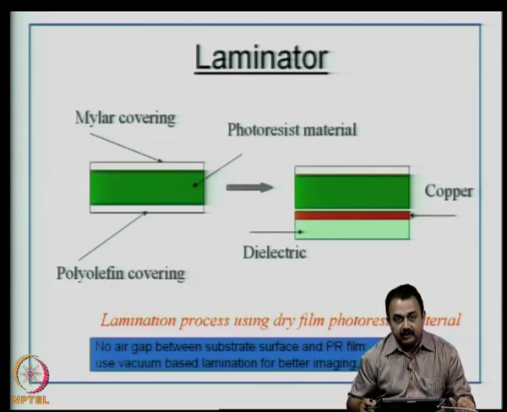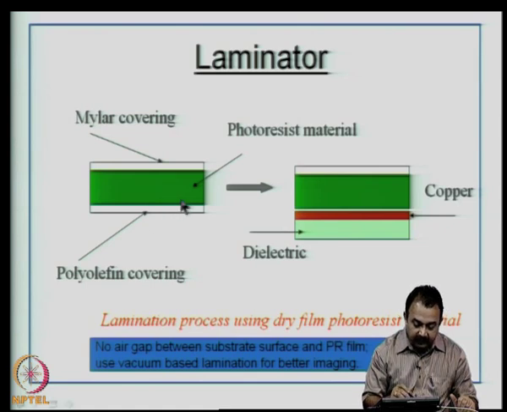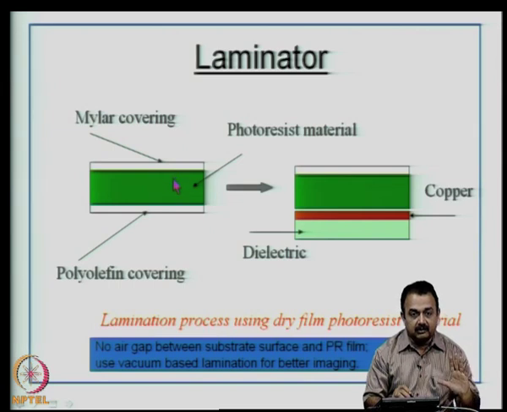So, how does a laminator for a dry film work? So, here you have a mylar protective covering. This green area here that you see is the dry film photoresist material, and on the bottom you can see there is a polyolefin covering. The polyolefin covering and the mylar covering have different thicknesses.